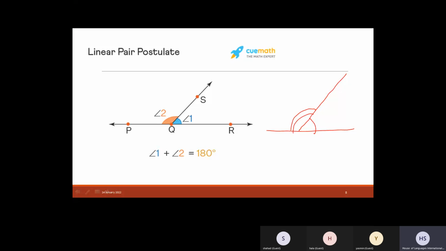Why? Because these two angles are on a line, so we call them a linear pair. This pair of angles is on the same line, so we say it is the linear pair postulate. They are on a segment. They are on a line.